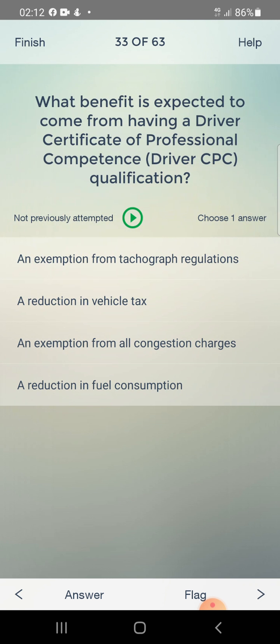What benefit is expected to come from having a driver certificate of professional competence, driver's CPC qualification? An exemption from tachograph regulations, a reduction in vehicle tax, an exemption from all congestion charges, a reduction in fuel consumption.